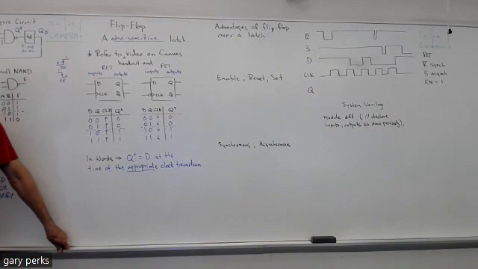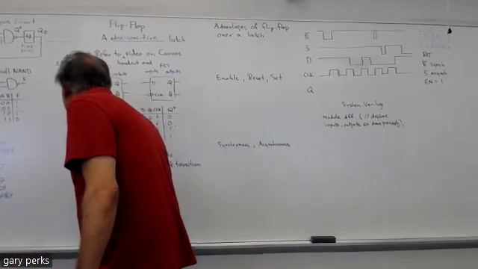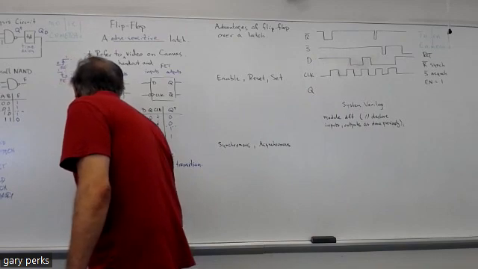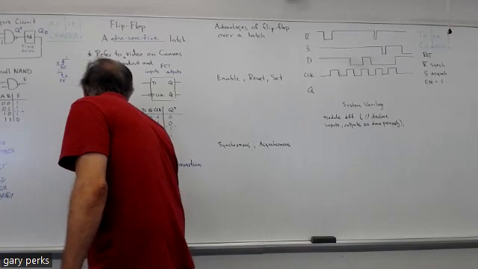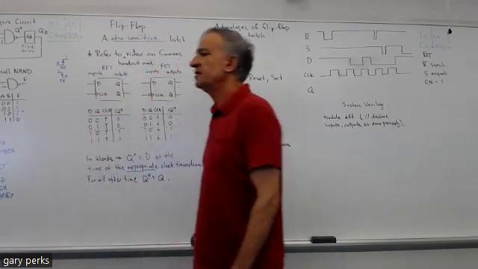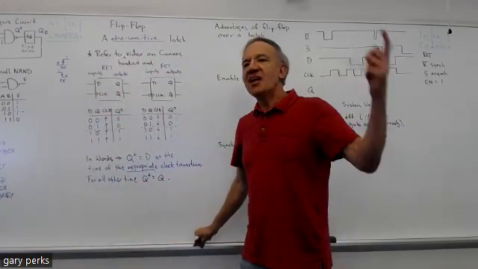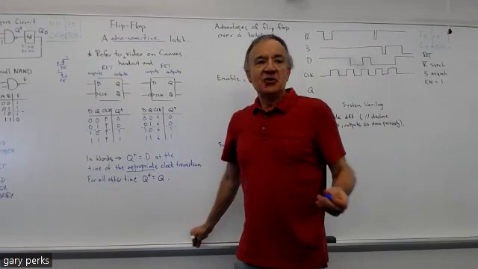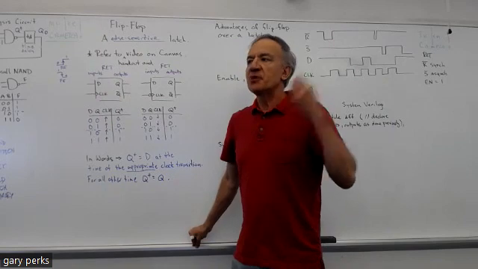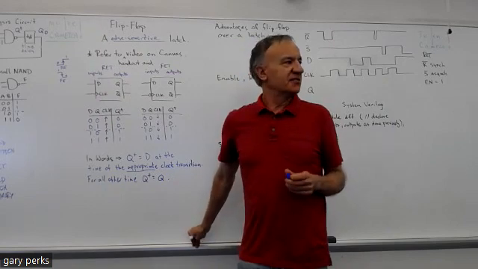clock transition. For all other times, the next data Q is just going to equal the present state of Q. See, the only possible time that the Q output can change for a D flip-flop is at the time of the appropriate clock transition.